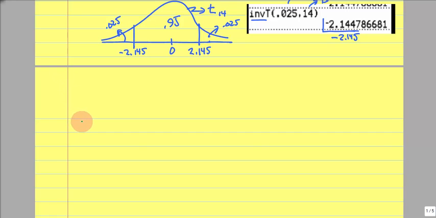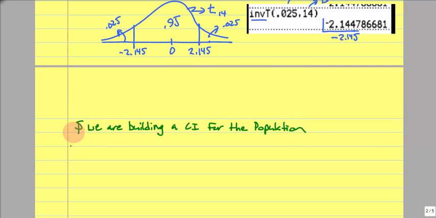So for this example, let's go ahead and suppose we are building a confidence interval for the population mean. And the information that I'm given is, first of all, my confidence level.